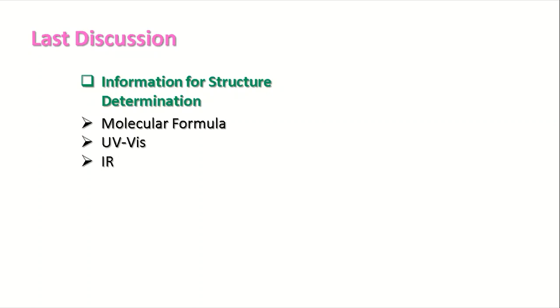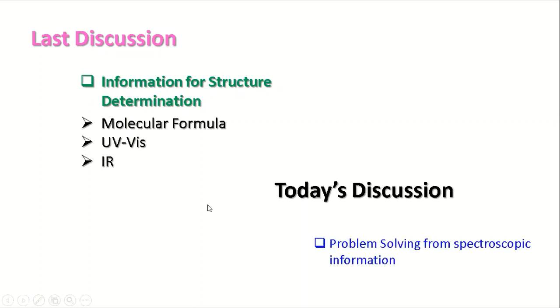Altogether we'll be looking at different types of spectroscopic techniques, and we'll try to find out what the actual structure could be after analyzing all the spectra for a particular molecule. So today's discussion will be problem solving from spectroscopic information.